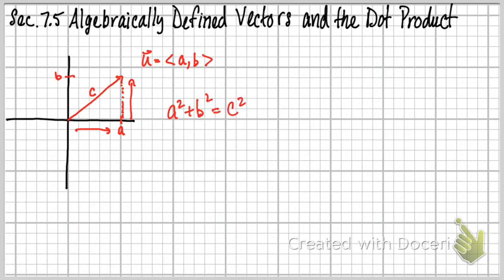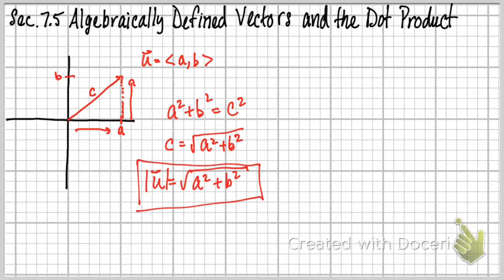To solve for c, I would square root both sides. So then I would get the square root of a squared plus b squared. This is, in essence, my formula. I can simply say the magnitude of u equals the square root of a squared plus b squared. This here is my formula for finding magnitude in general.